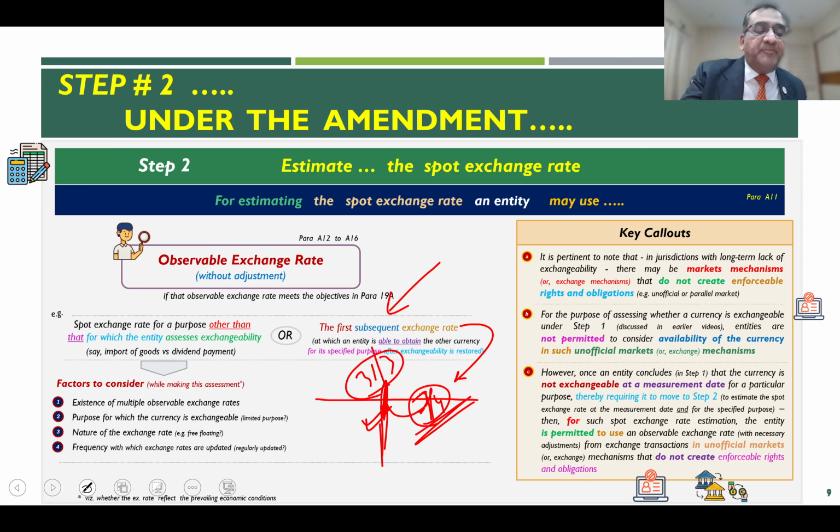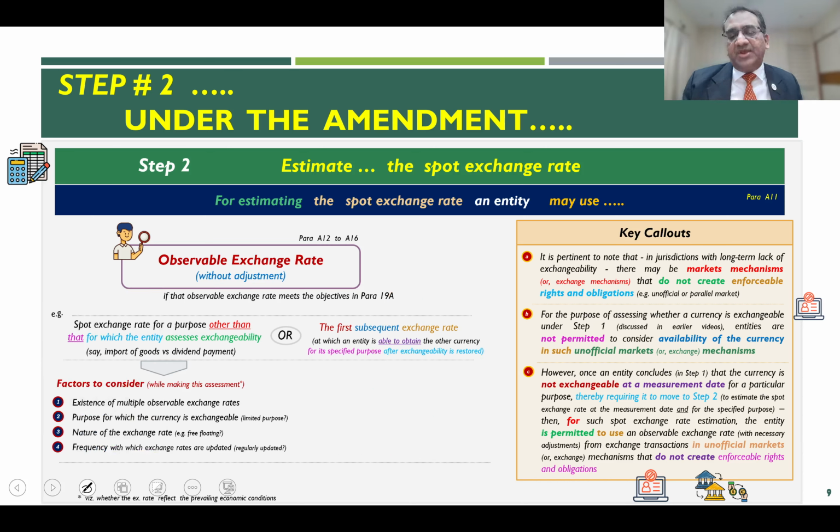But there is a big but, and there is a caveat. You can't just go and apply this. This is your starting point. So this is another alternative: if you have an exchange rate which is available subsequent to the measurement date, in our example 31st of March, and the rate is available, let us say after a week on 7th of April, then perhaps you can start using that rate as the starting point, and do appropriate adjustment.